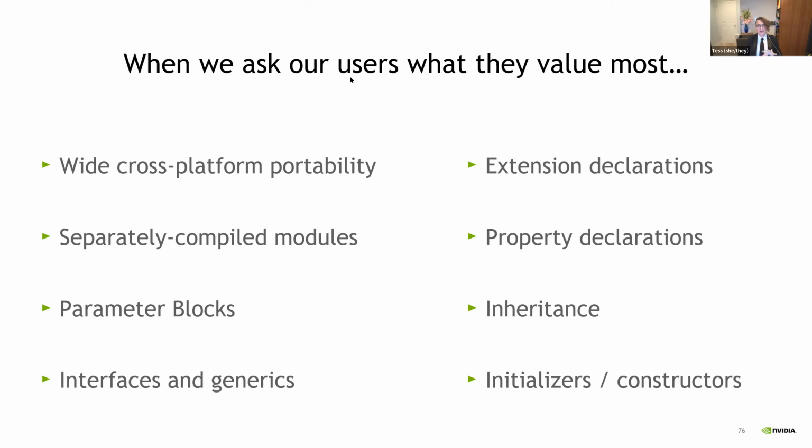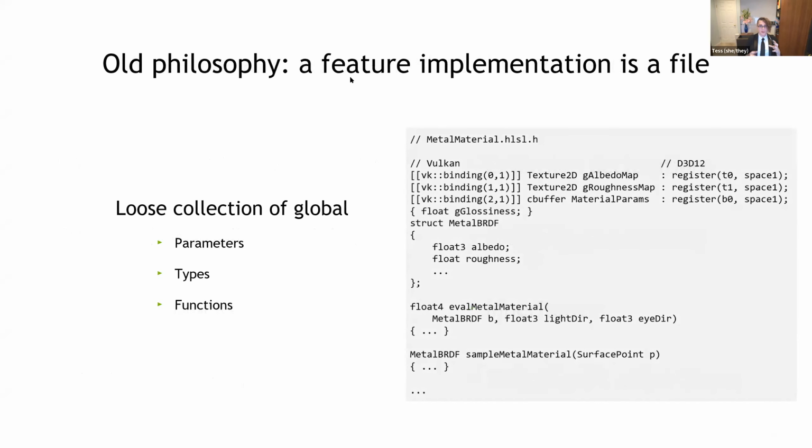So what I want to actually highlight is a difference in philosophy between how we approach Slang and how HLSL encourages developers to think. If we look at the old philosophy of traditional HLSL code, there's this mentality that a feature implementation is fundamentally a file, which in practice means a loose collection of global declarations of parameters, types, and functions.